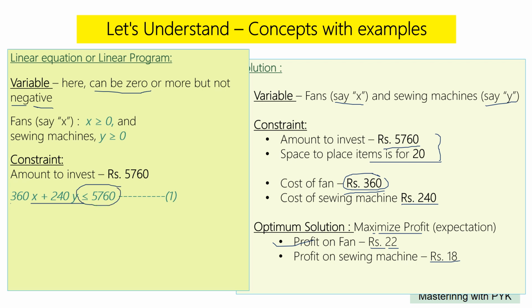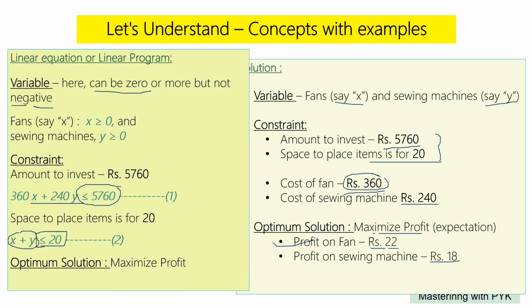This means it can be equal to or less than, but not beyond, 5760. The second constraint is the space. The number of fans and sewing machines should always be less than or equal to 20, because beyond that the space is a constraint.